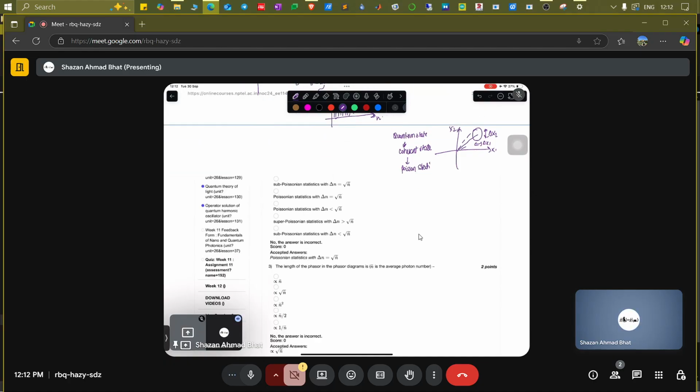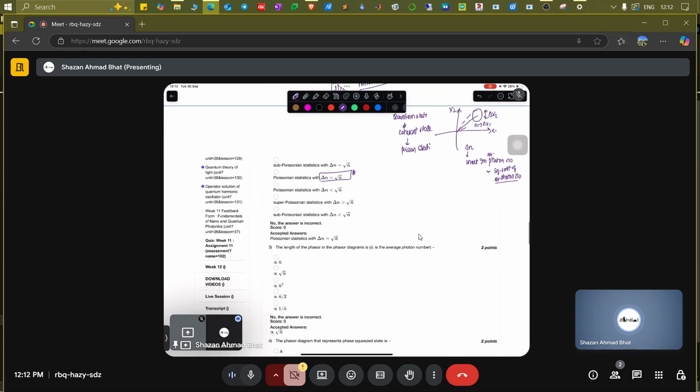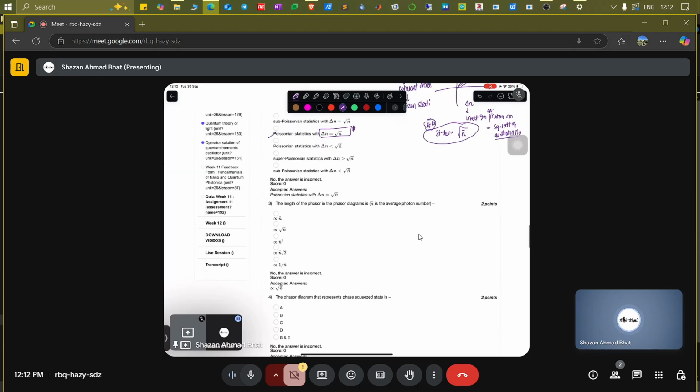That means this delta n, the uncertainty in the photon number, is equivalent to the square root of the average photon number. So the standard deviation is equivalent to the square root of the mean number of photons. That is the characteristic of a Poissonian distribution. So the answer is this.